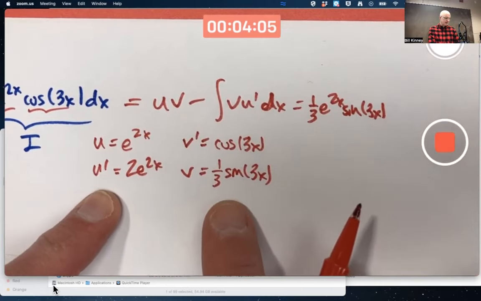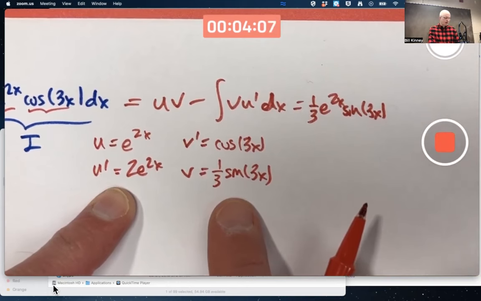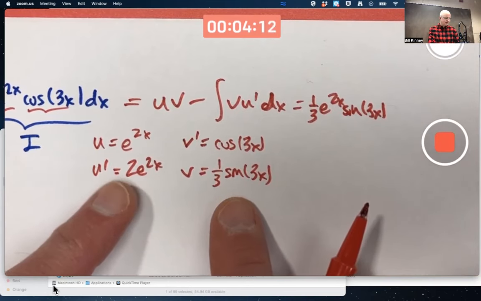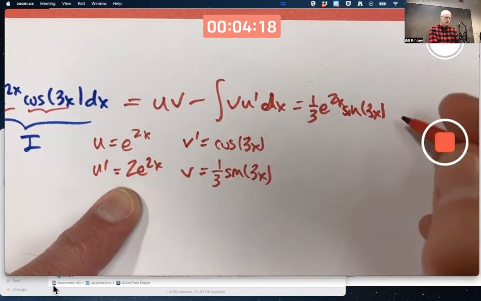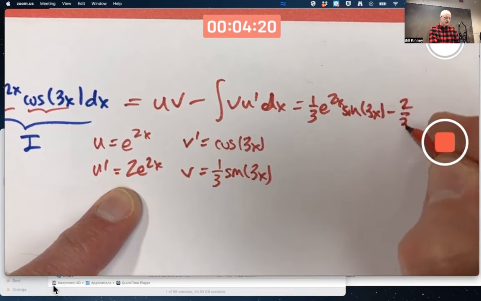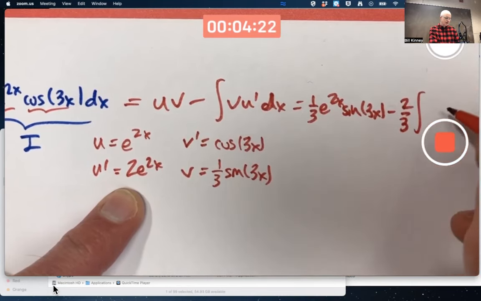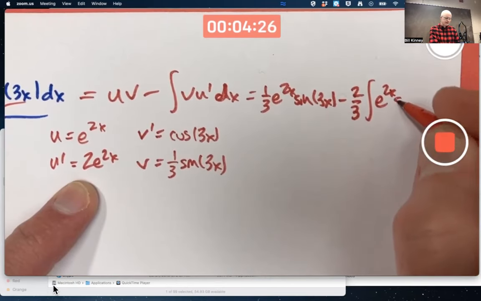And minus the integral of the product of v and u prime, look where I'm pointing again, minus the integral of the product of these two things. That's going to give me a factor of 2/3 that can be factored out in front of the integral. So I'll get a minus 2/3 times the integral of e to the 2x sine of 3x.